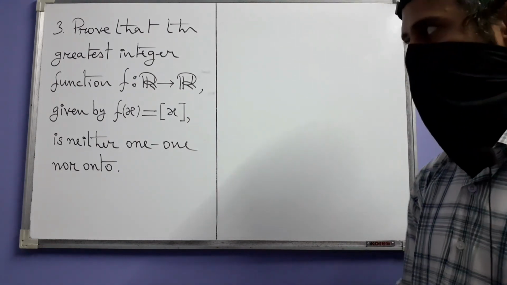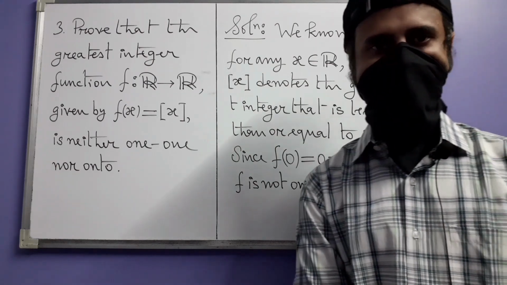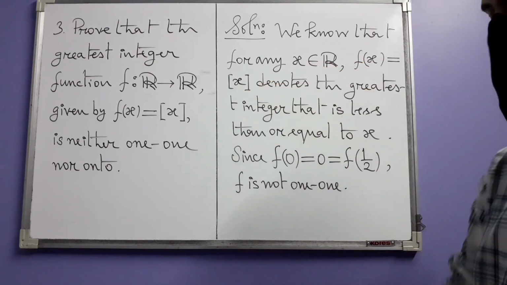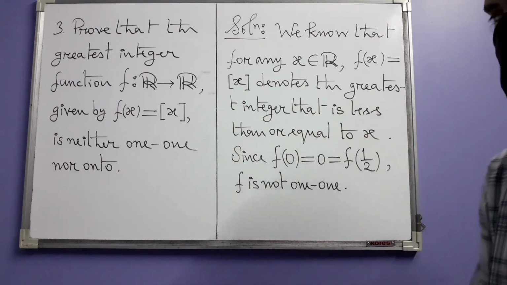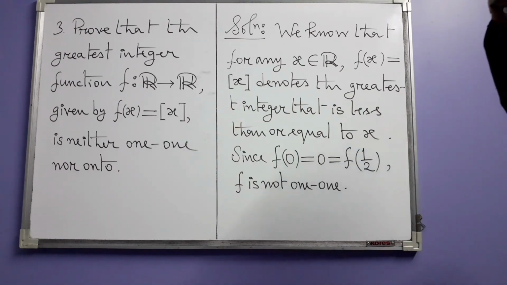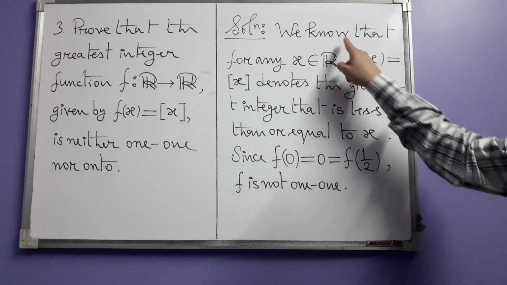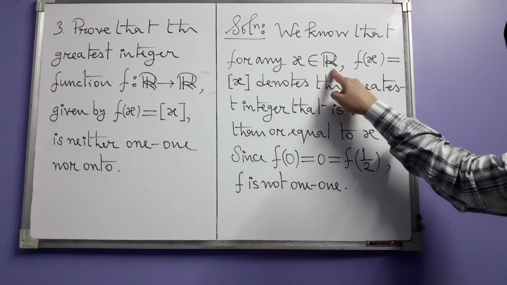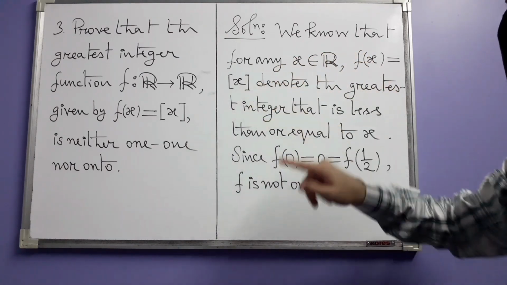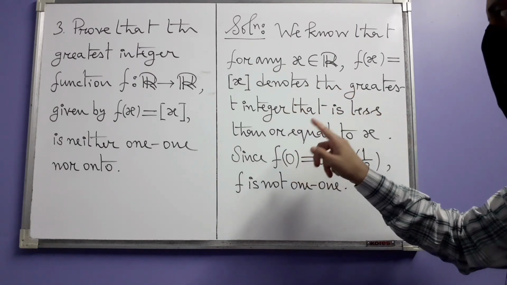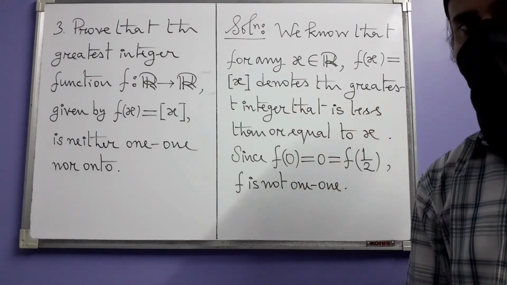So let's do it. So we start the solution by again defining what this greatest integer function actually is, because it's not given there. So I think it's a good idea to define it here. We know that for any real number x, f of x, which is this thing, denotes the greatest integer that is less than or equal to x.